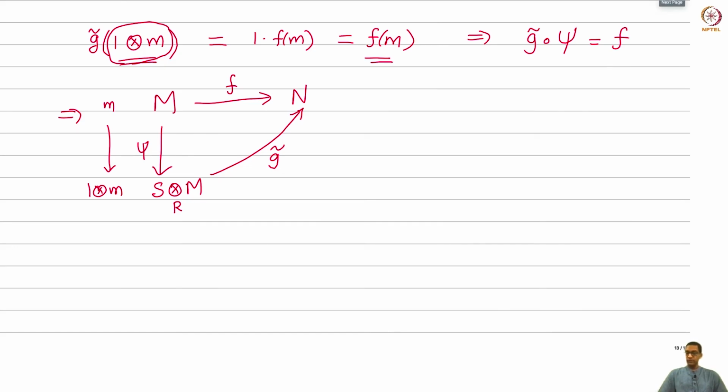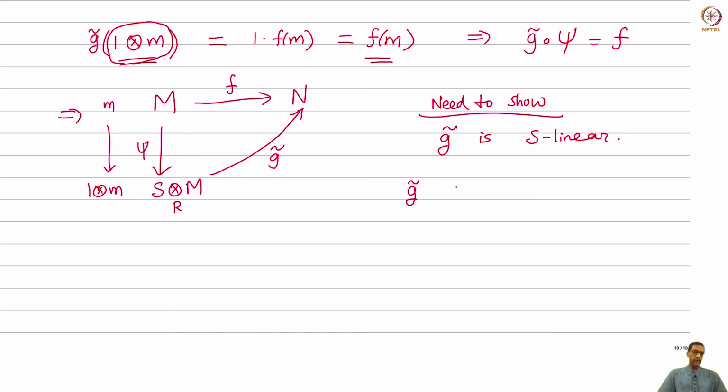So now, what do we have to show? We have to show that G tilde is in fact S linear. That's the last part. So we need to show G tilde is S linear. Okay, so let's prove that. How does G tilde work?